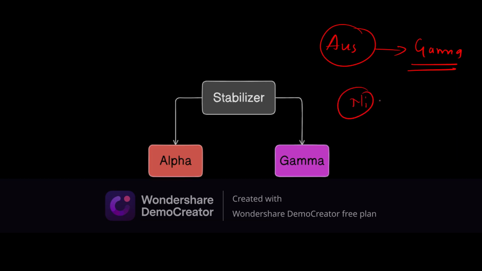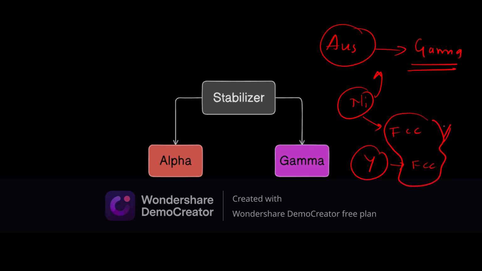Nickel stabilizes this gamma phase by forming a solid solution. As we know, nickel has an FCC crystal structure and austenite is also FCC. So they form a solid solution, and due to the formation of the solid solution, the gamma phase, which is austenite, stabilizes at room temperature, at 25 degrees centigrade.